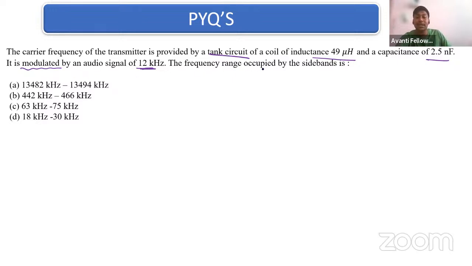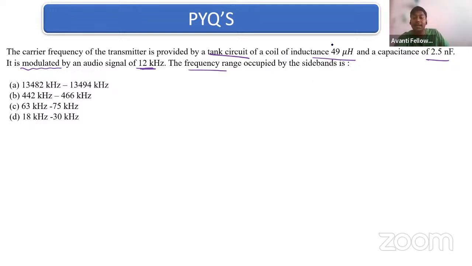The frequency range occupied by a sideband. We need to find the sideband frequency range, meaning the bandwidth. You can also say the lower sideband and the upper sideband. We need to find that also.